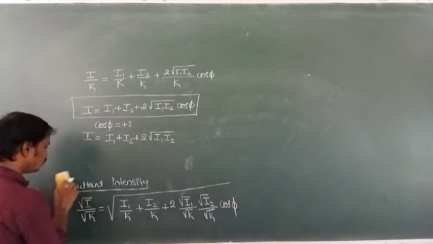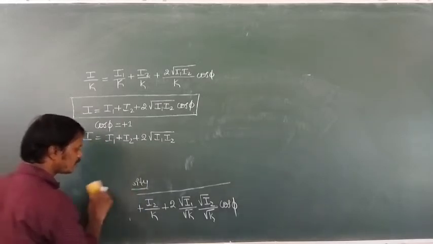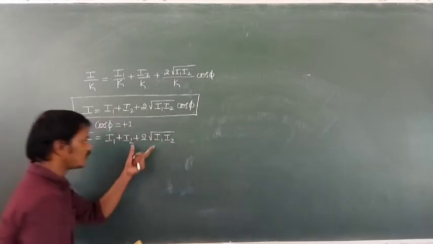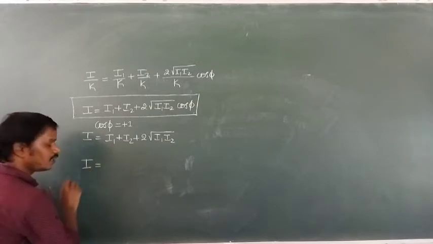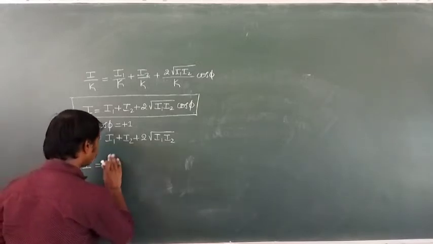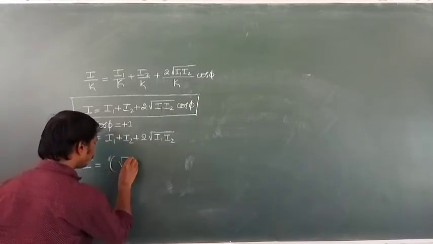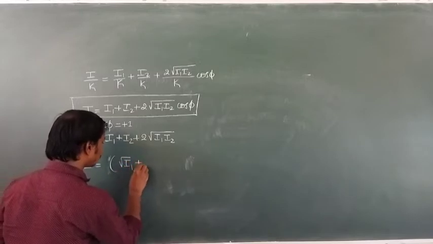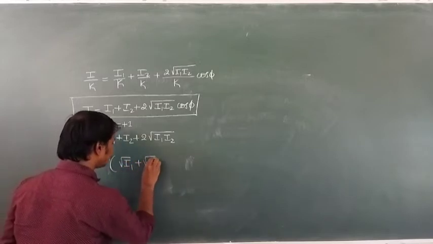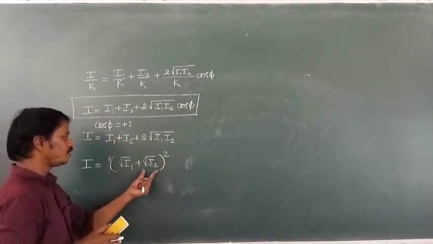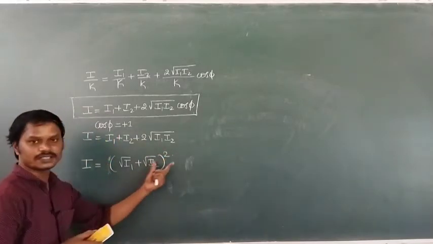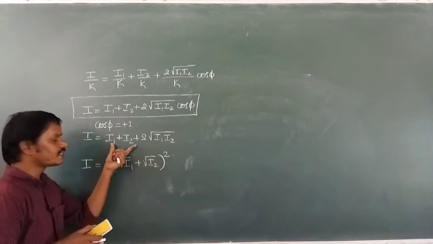Now this equation can be written as I, means resultant intensity, is equal to square root of I1 plus square root of I2 whole square. Then expand this one, you will get the same thing.